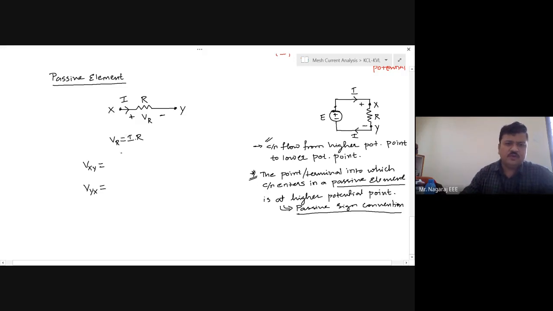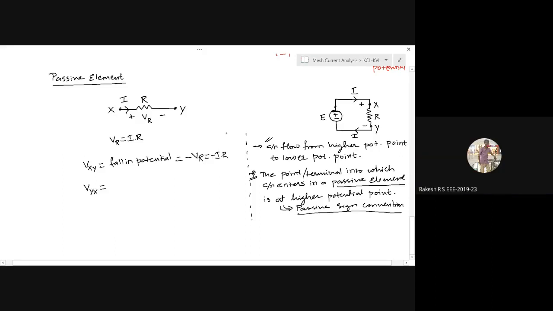Therefore, Vxy is fall in potential. Vxy is fall in potential and is equal to minus VR or minus I into R. Is it clear? Yes, sir.